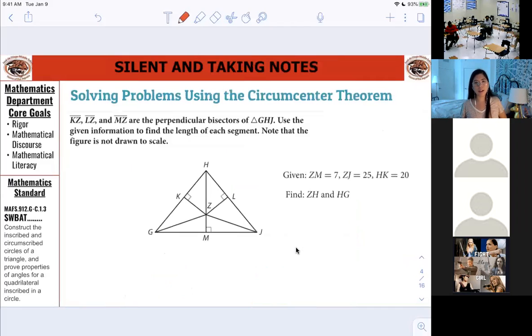So can I have a volunteer read? And I know Tyrone reads a lot. You'll be able to read again, but for now I would like someone other than Tyrone to get a chance. Who would like to go first? Who would like to read this situation? Come on, guys, somebody read.